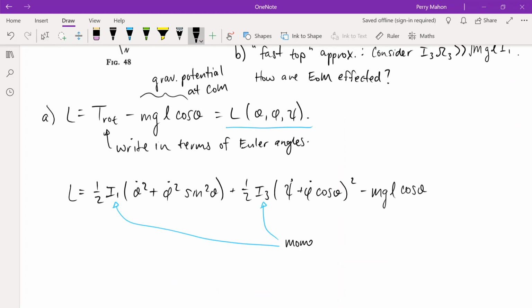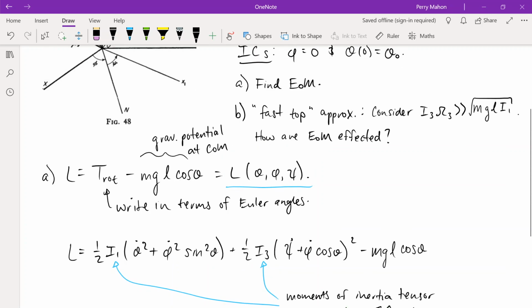So these are basically the moments of inertia tensor represented in this xi basis. And so this is particularly important.